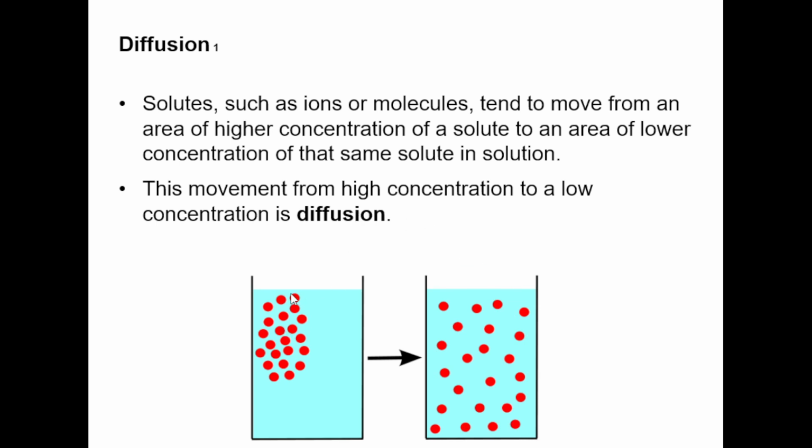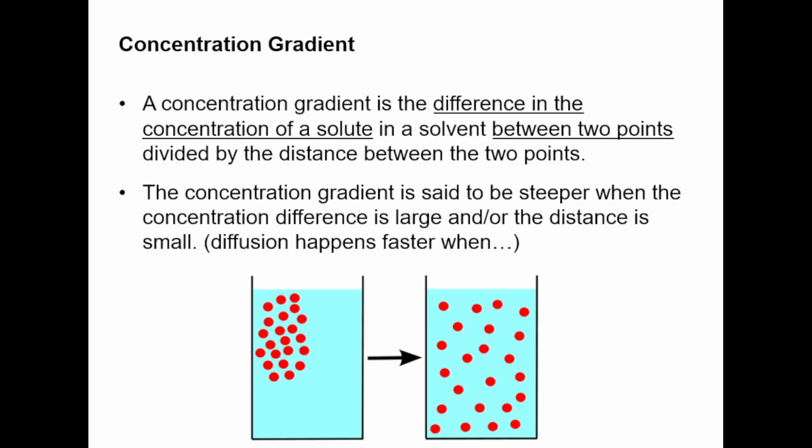Diffusion wants to move the solutes from an area of high concentration to lower concentration in order to achieve homeostasis. Okay? So these solutes will move from an area of higher concentration to an area of lower concentration in the same solution. All right? So hopefully, it becomes clear.